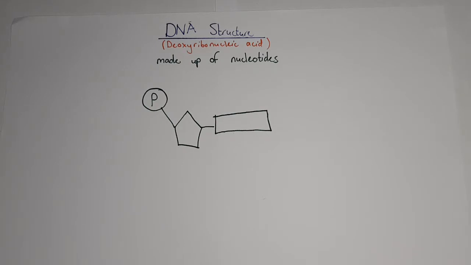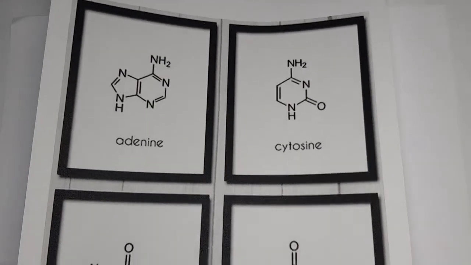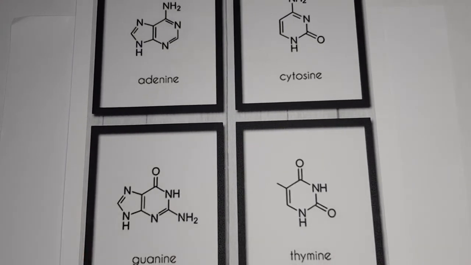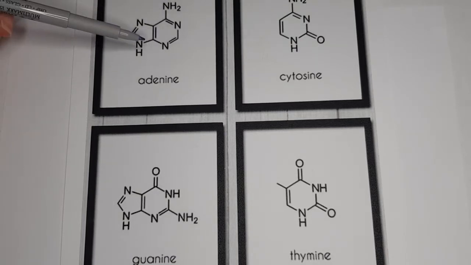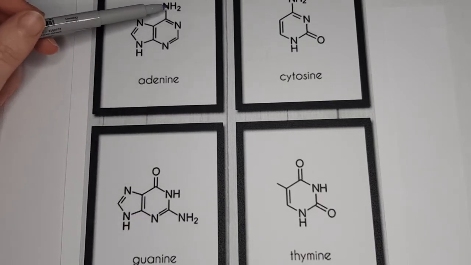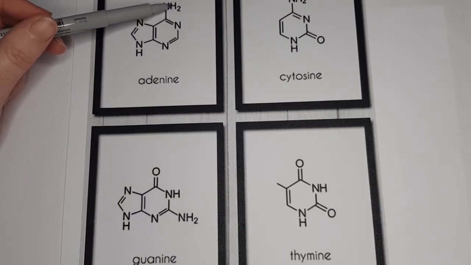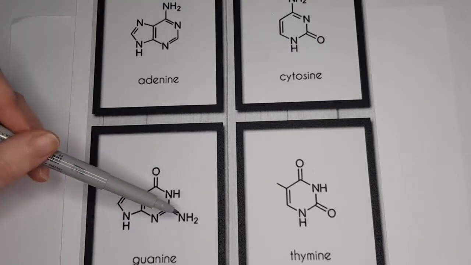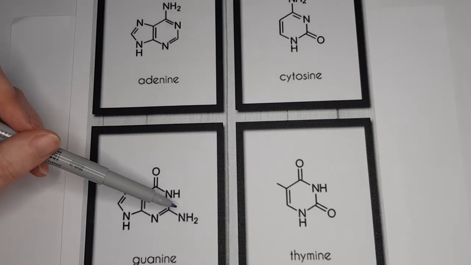We call them the nitrogenous bases, and they will look something like that. Your adenine is double ringed, with your nitrogen in there. Similar to guanine, except as you can see, in adenine we've got an N, whereas there we've got an O in our bases, as well as an extra N over there.